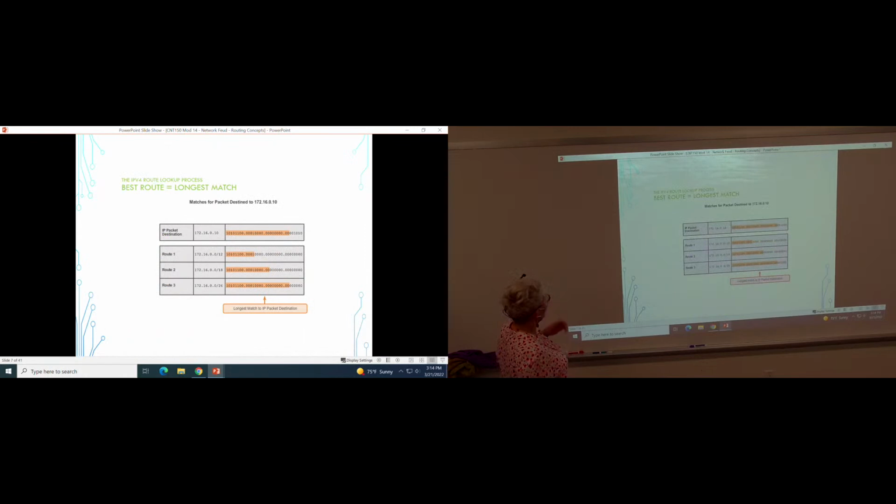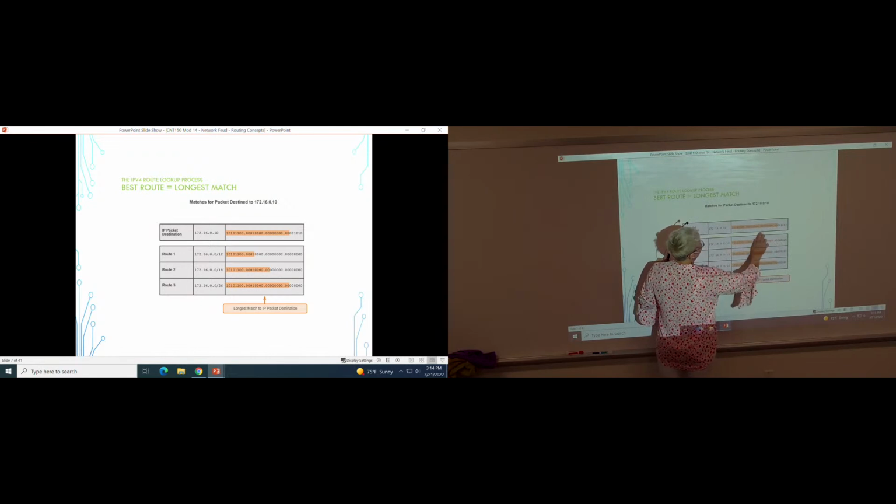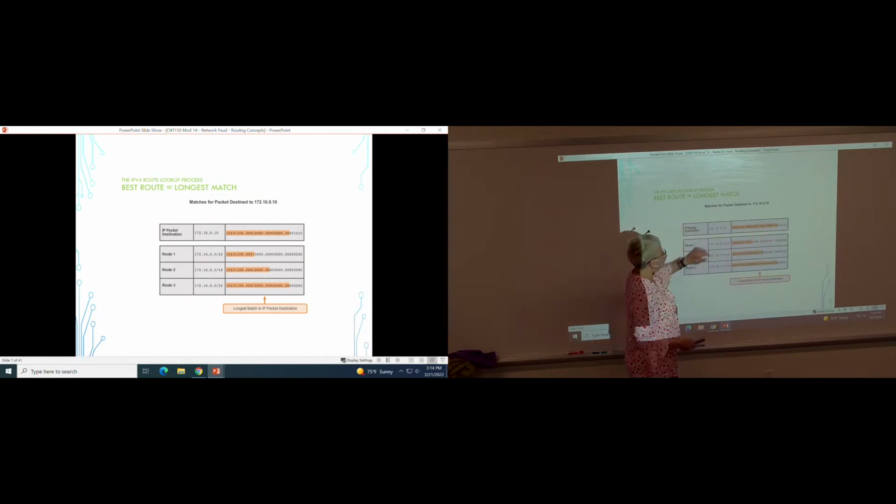So here, if we're trying to get to 172.16.0.10, and I've got 3 different routes with different subnet masks, what we're doing is looking for similarities. We're looking for the most matching bits. The way you want to do this is to bit it out. Now in this scenario, we've got 172, 172, 172, 172.